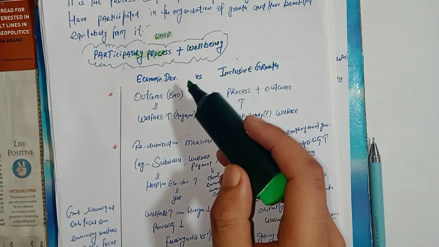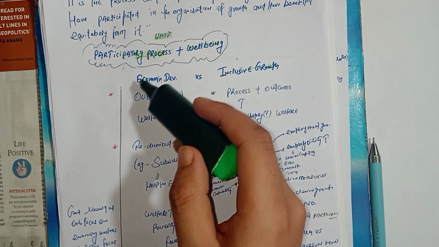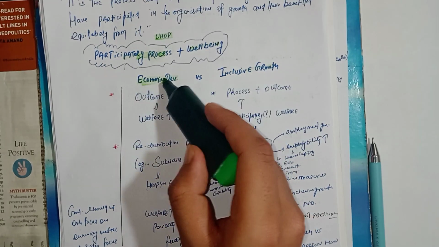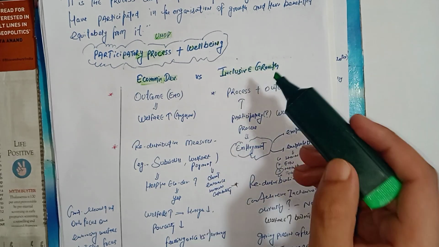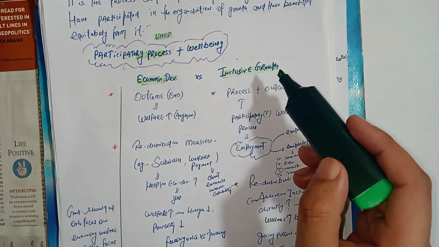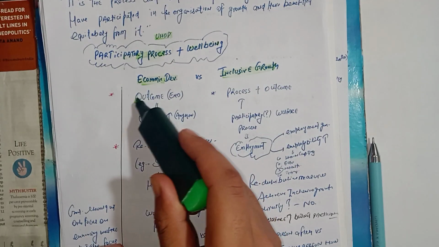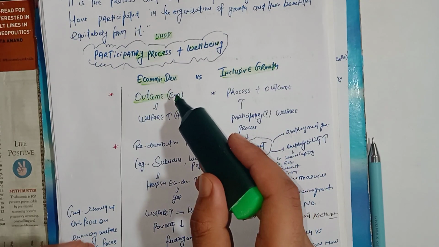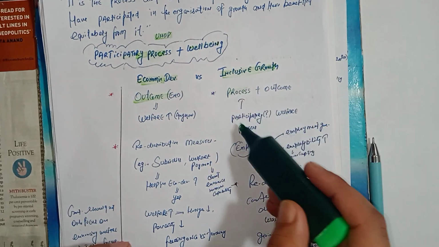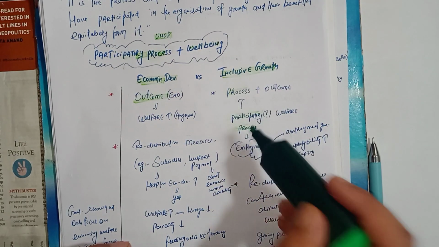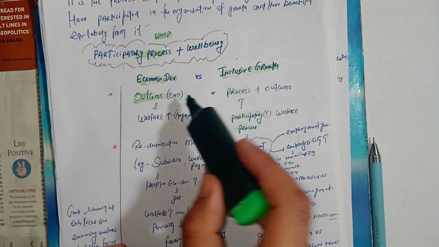So progressive change in socio-economic infrastructure, this is economic development. But inclusive growth means this particular outcome should be there, but it should also be delivered through the process, that is, a participatory process.